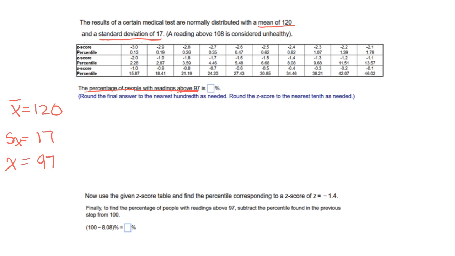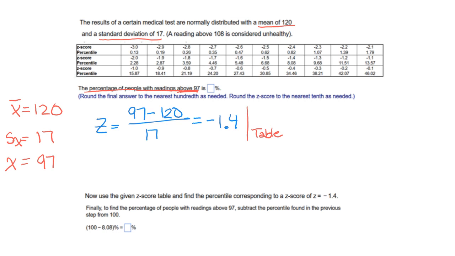All right, so for the z-score, remember we're going to take our data value, 97, minus our mean, divided by our standard deviation. We place this in our calculator and we will get negative 1.4, and that is our z-score. So once again, I'm going to put this little vertical bar here just to indicate, let's go to our table to get the percentile.